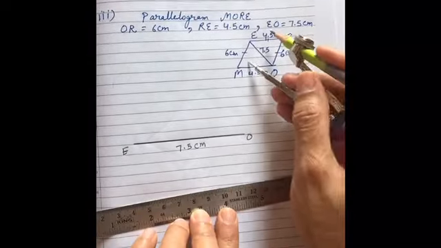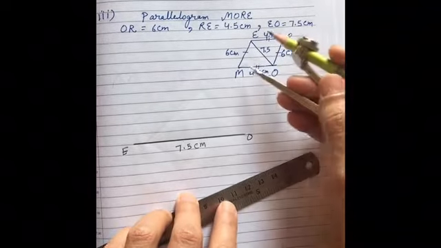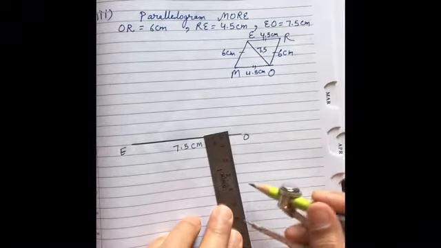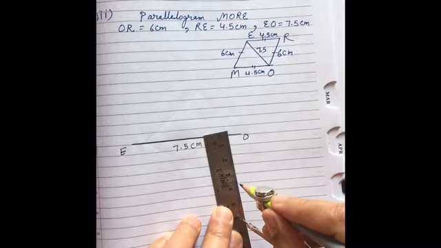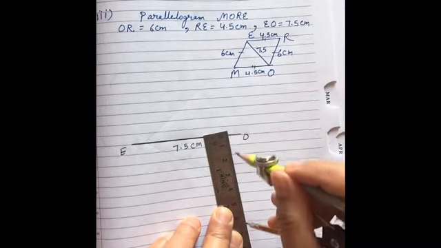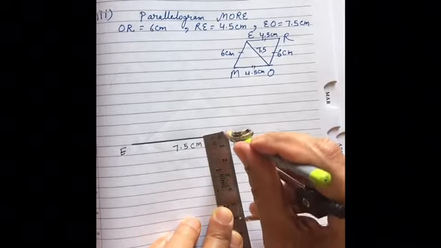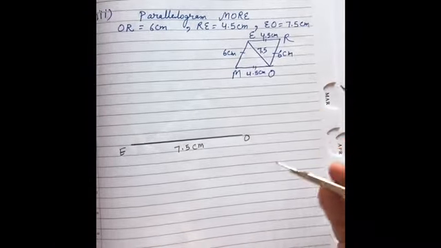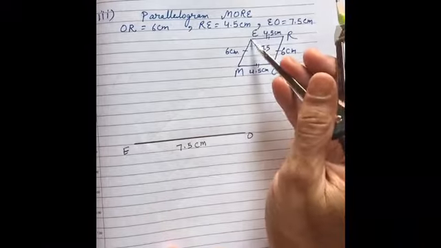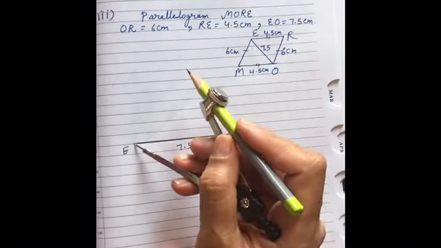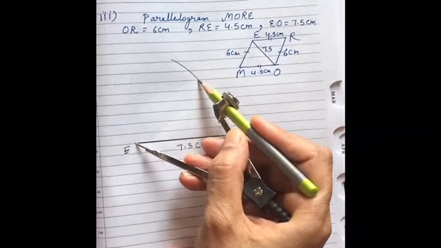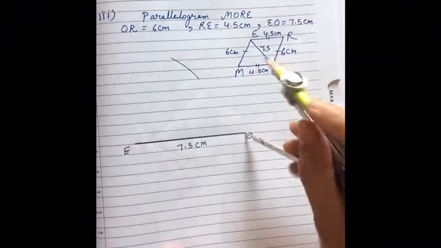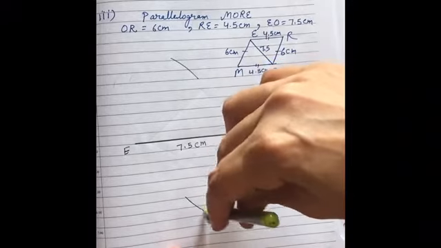Fine. So first I'll go for this. So first one I'll be making 6 centimeter. So let's open our compass to 6 centimeter. Fine. So this is my 6 centimeter. So from point E you are going to make it 6 centimeter. From O in the opposite direction also you are going to make 6 centimeter.